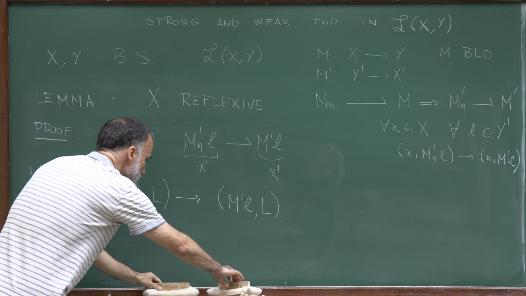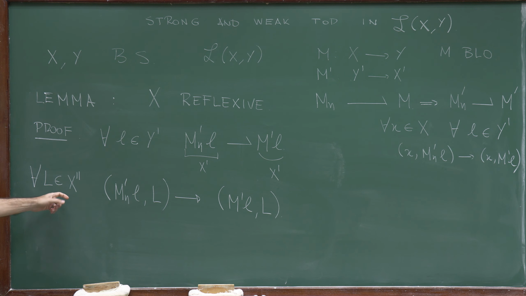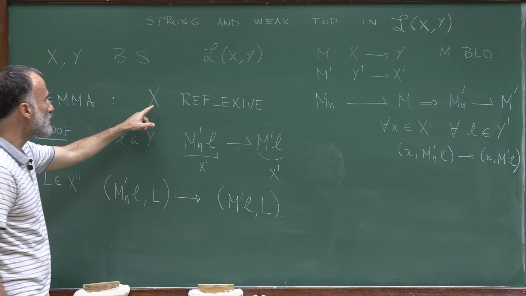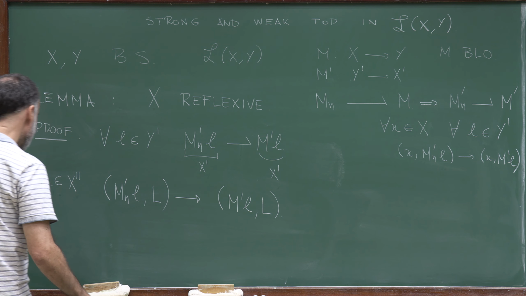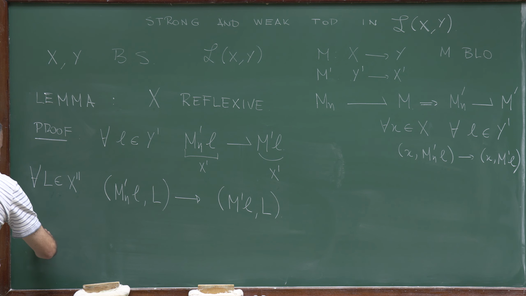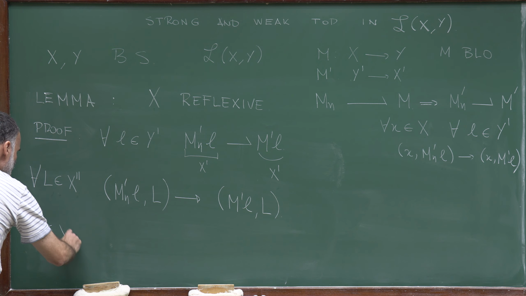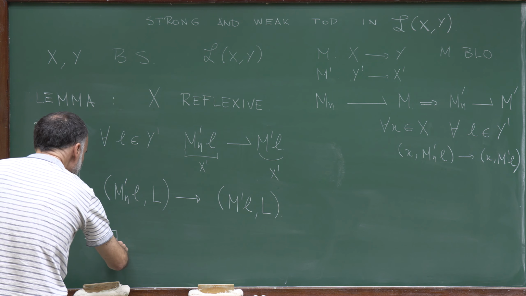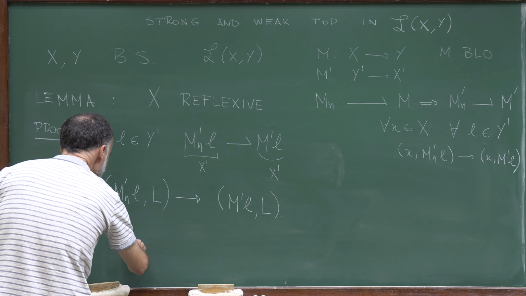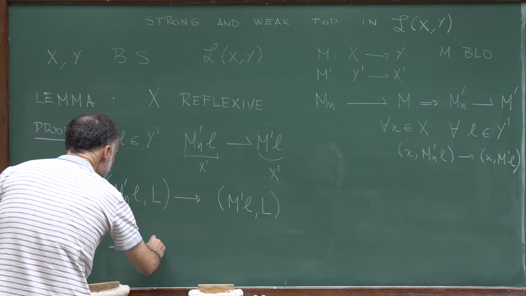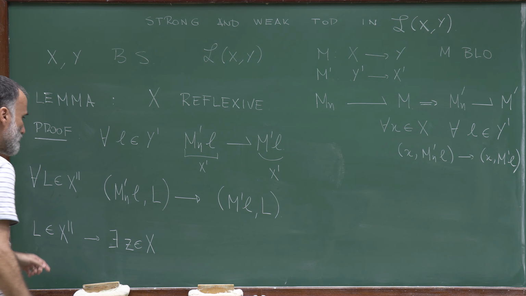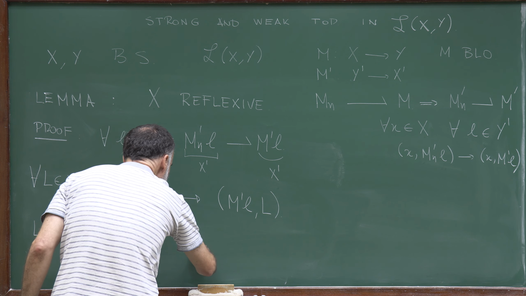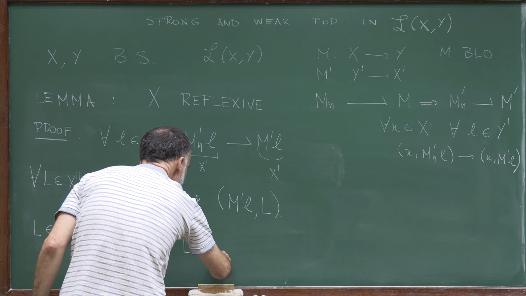Saying that X is reflexive is to say that all elements in X double prime can be represented by elements of X. So this means that if L is an element of X double prime, then there exists a z in X such that L is equal to L_z.